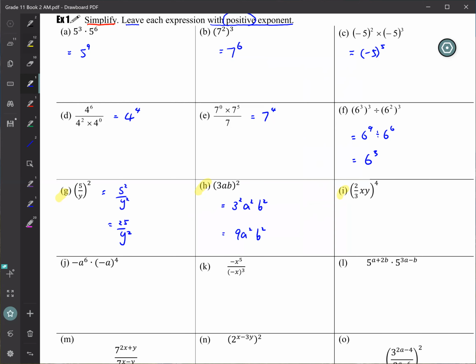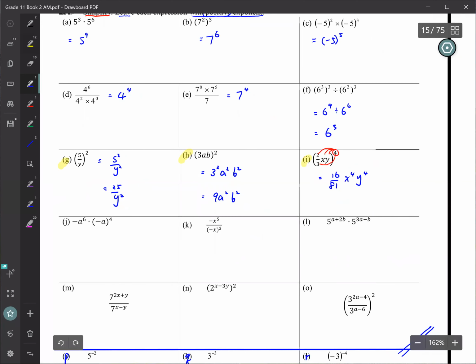Eric, question I. I have 16 over 81 times x to the power of 4, and then y to the power of 4. Yeah, very good. Okay, so the exponent of 4 shares with 4 things. Okay, so you get those ones.